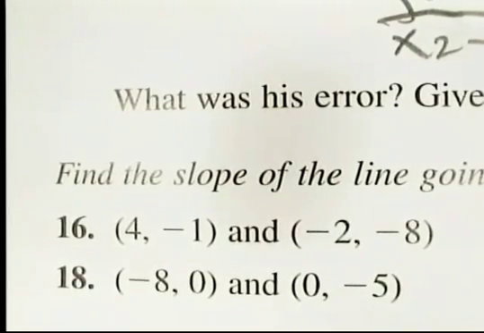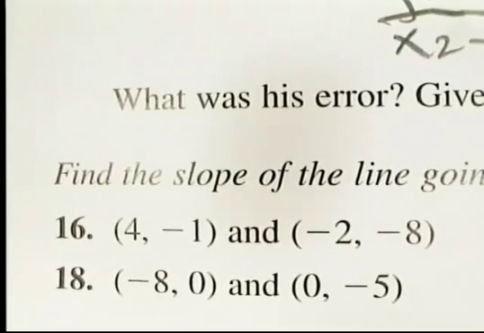Is this a positive slope or negative slope as you look at it? We went from -2 to 4 for x, and what happened to y? It went from -8 to -1. Was it going uphill or downhill? Up. Okay, it's uphill. Positive slope.